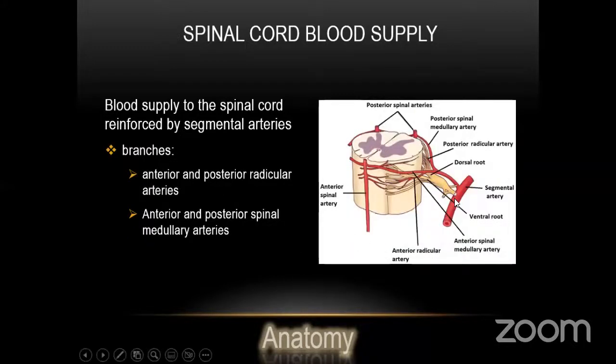Segmental arteries branch into anterior and posterior radicular arteries, and also anterior and posterior medullary arteries. Medullary arteries will go to reinforce the blood supply to the anterior and posterior spinal arteries. The radicular arteries will supply the surface of the spinal cord.